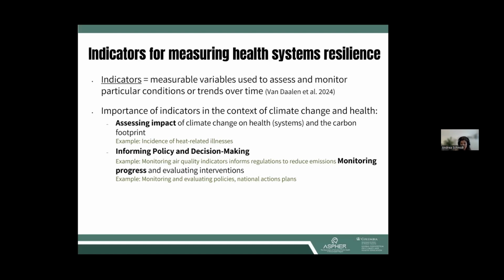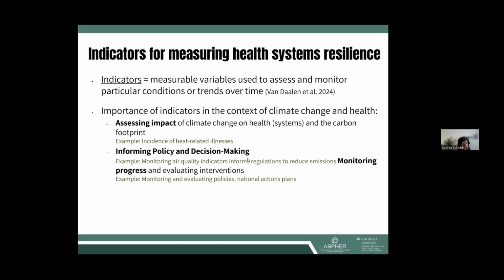So you really very much said these things, so you were very right, of course. And in the context of climate change and health, this can be assessing impacts, informing policy and decision-making, but also monitoring progress and evaluating interventions. So all the things that you mentioned were, of course, correct.